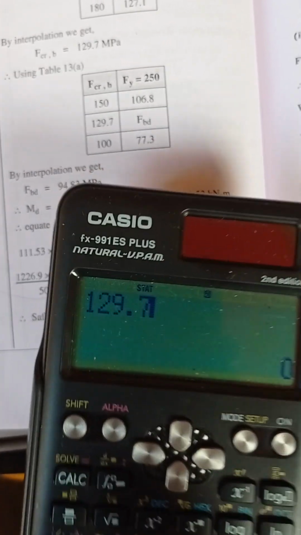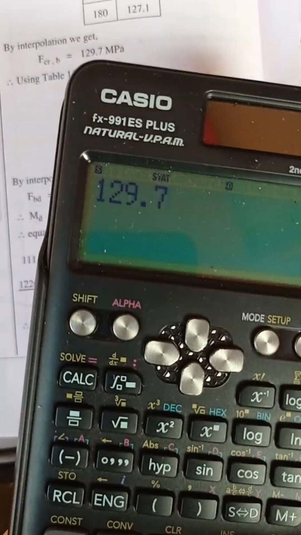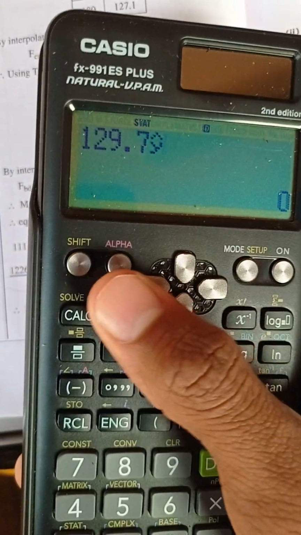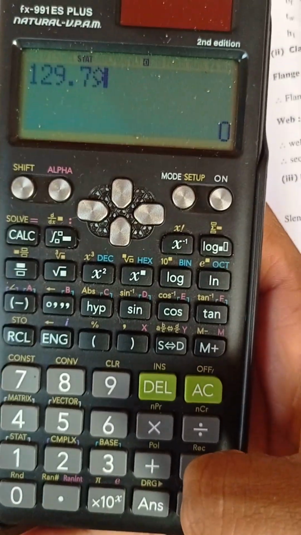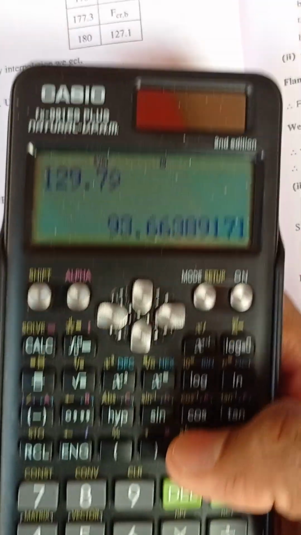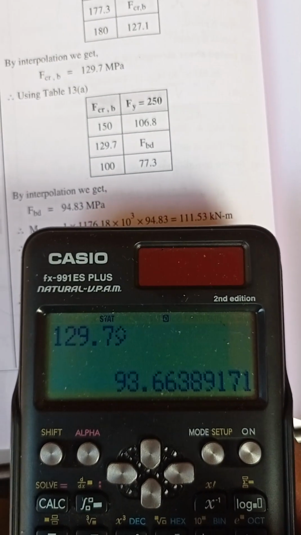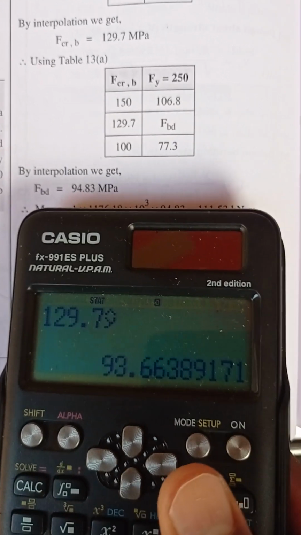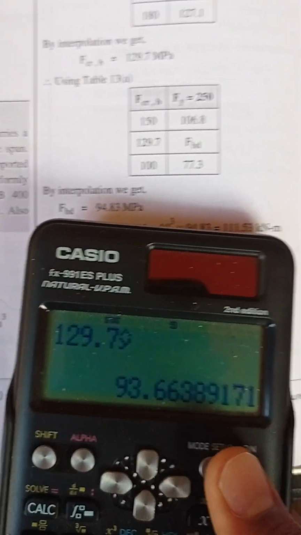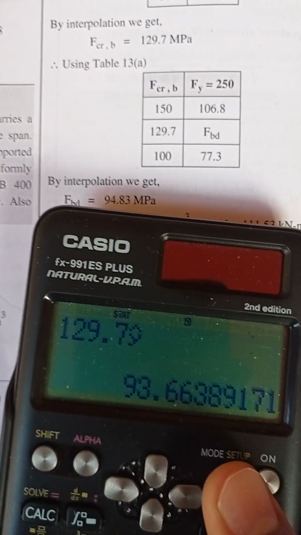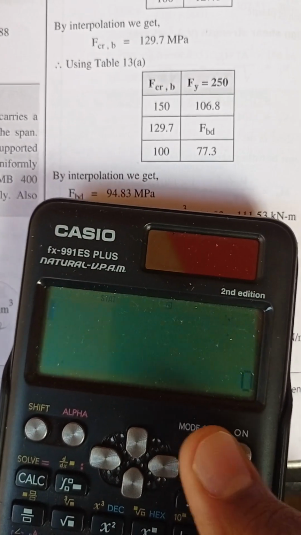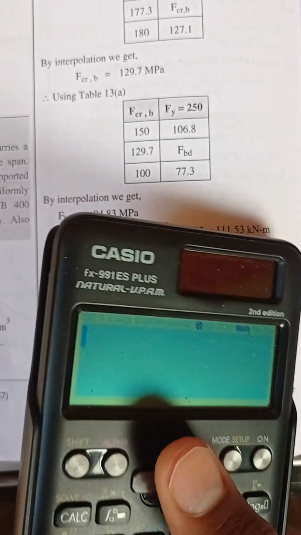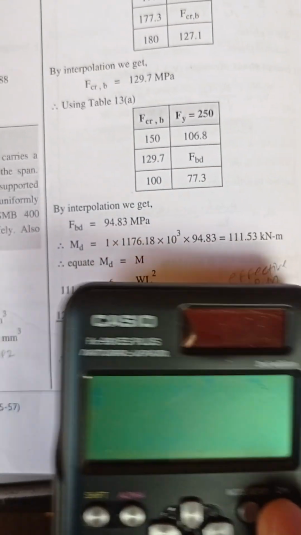This is the value you want to find at. Shift 1 5 5 and calculate. We get 93.66, which here is just a printing mistake. If you use the formula, you get this value not as accurate as the calculator. After done, use mode 1 to go back to the normal calculator.